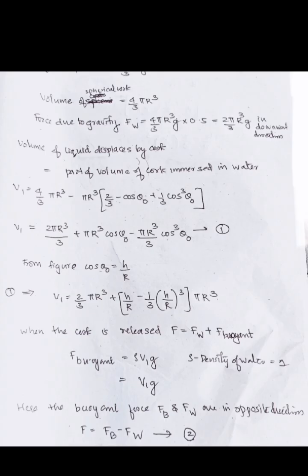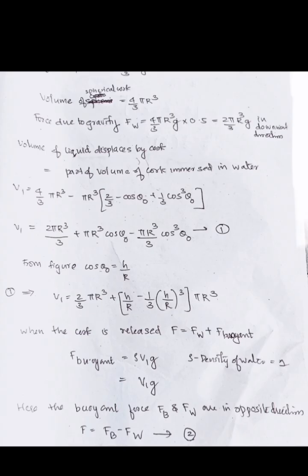Because in the question itself it is given that the volume of the cork above the water level is pi r cube into 2 by 3 minus cos theta 0 plus 1 by 3 cos cube theta 0. So V1 is equal to 2 by 3 pi r cube plus pi r cube cos theta 0 minus pi r cube by 3 cos cube theta 0. This is equation number 1.